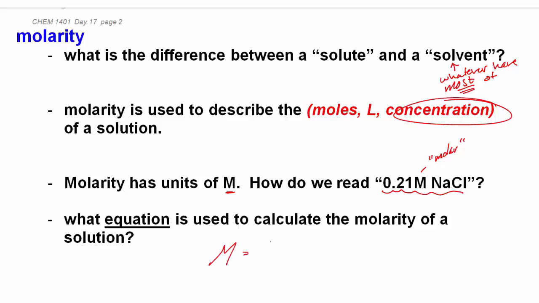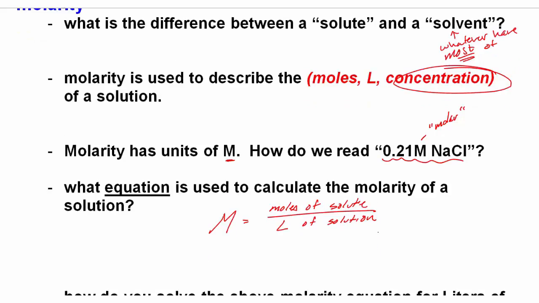Well, molarity is just moles of solute divided by liters of solution. So if you want to know the concentration of a particular solute, just divide the moles of that solute by the liters of the solution.